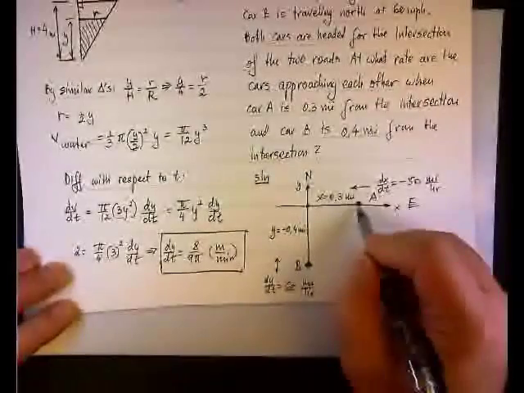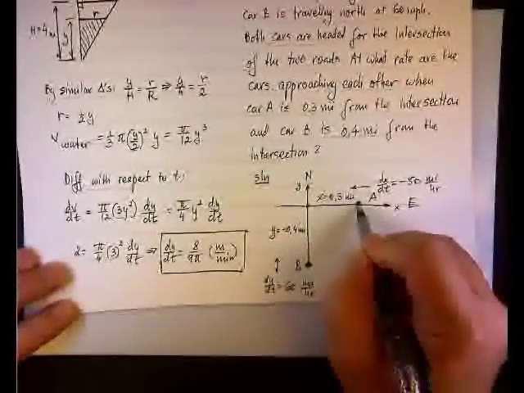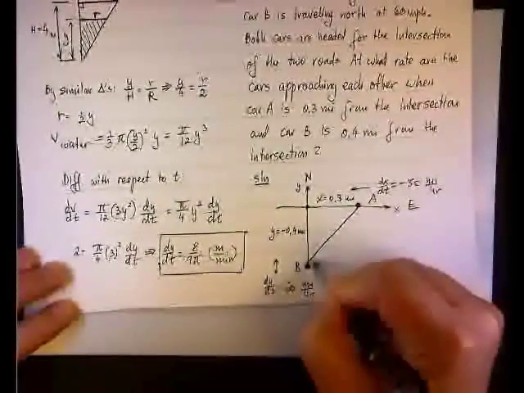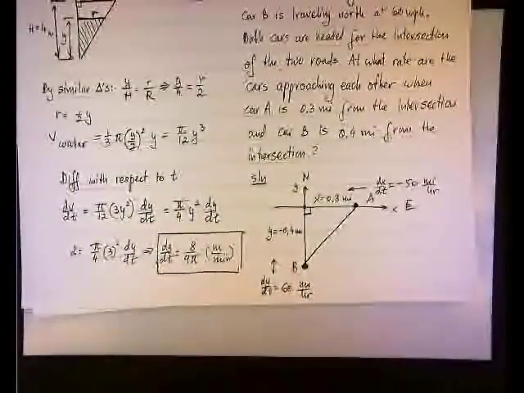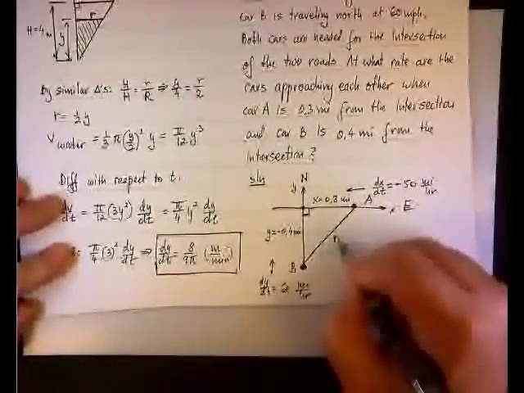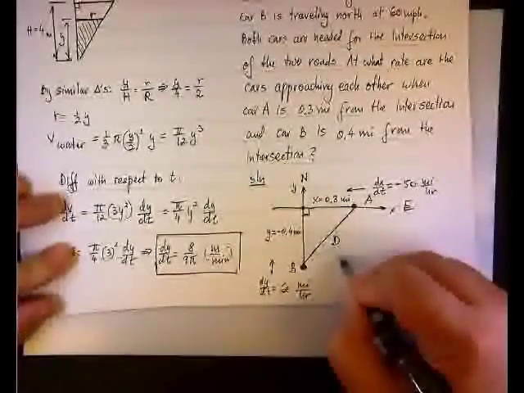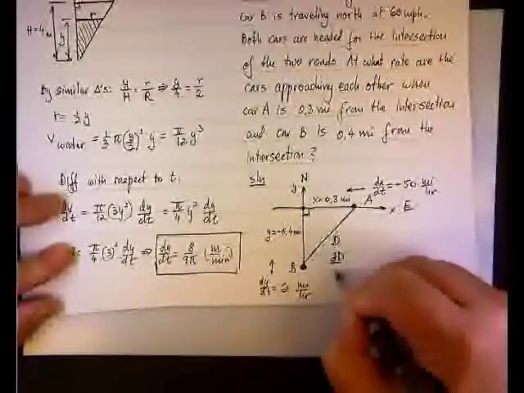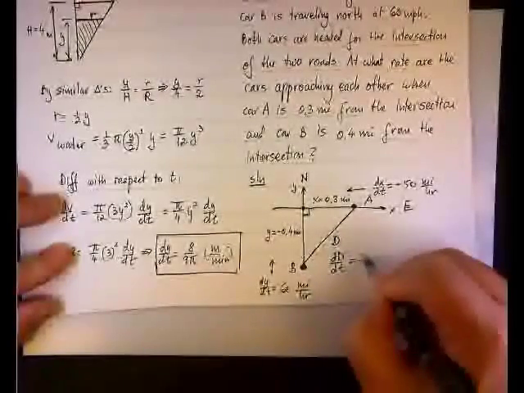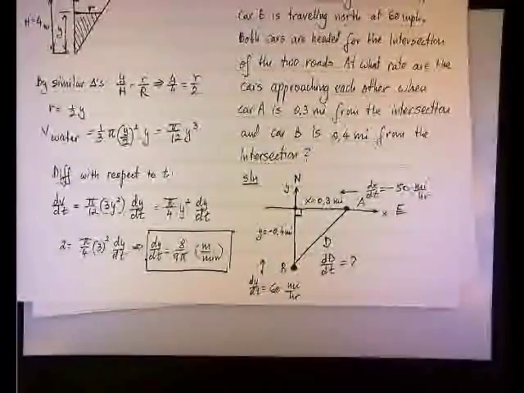Okay? The distance between the two cars is this diagonal, which is really the hypotenuse of the right triangle. So this will be d, the distance, and what we need to find is dd dt. One question for you.